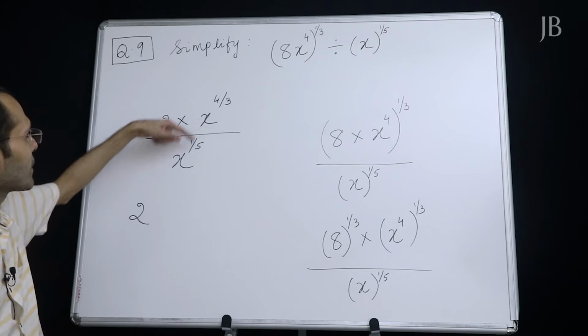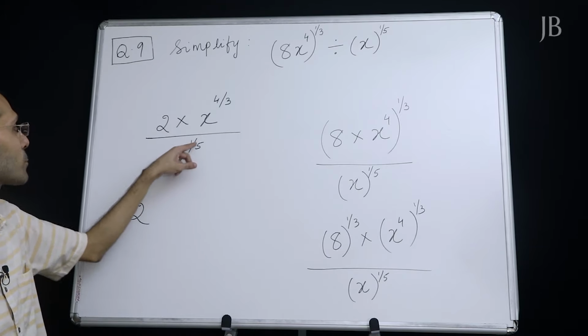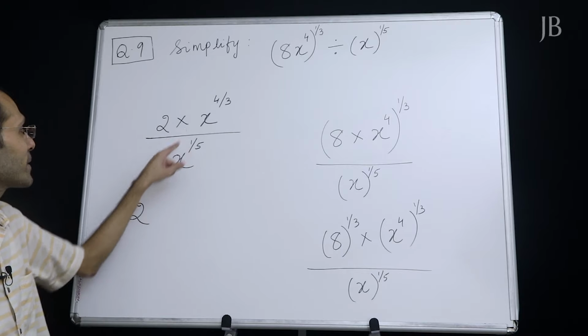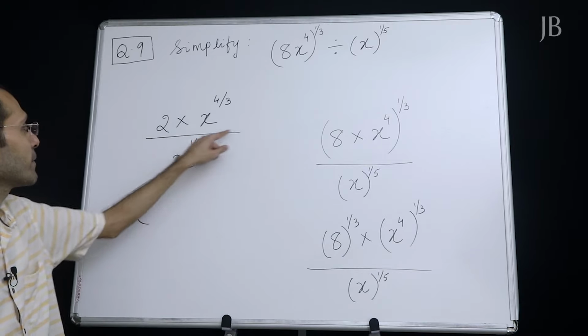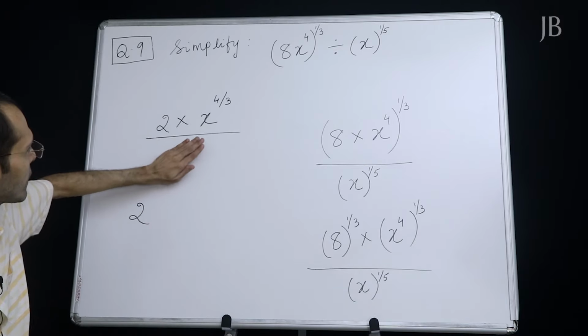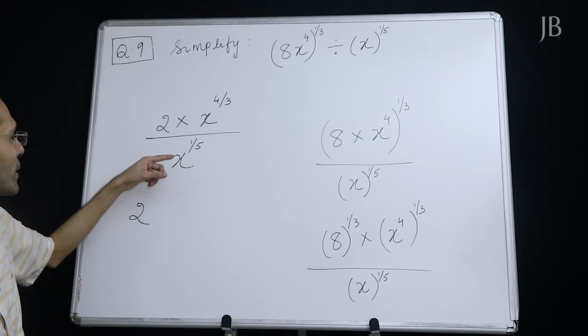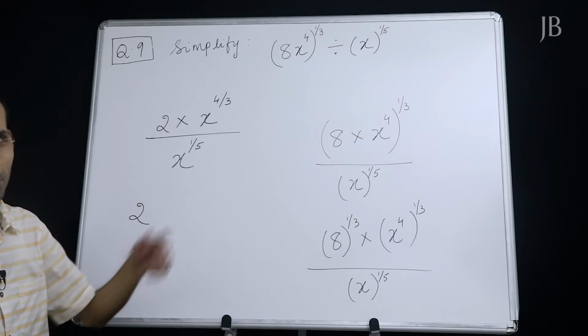This we can apply some law of indices. X raised to 4 by 3 upon x raised to 1 by 5. The bases are same, joined by division sign. So powers will get subtracted. Now you will say, why not this term be given to 2? No, this is multiplication sign. So the denominator can be given to one of the two.